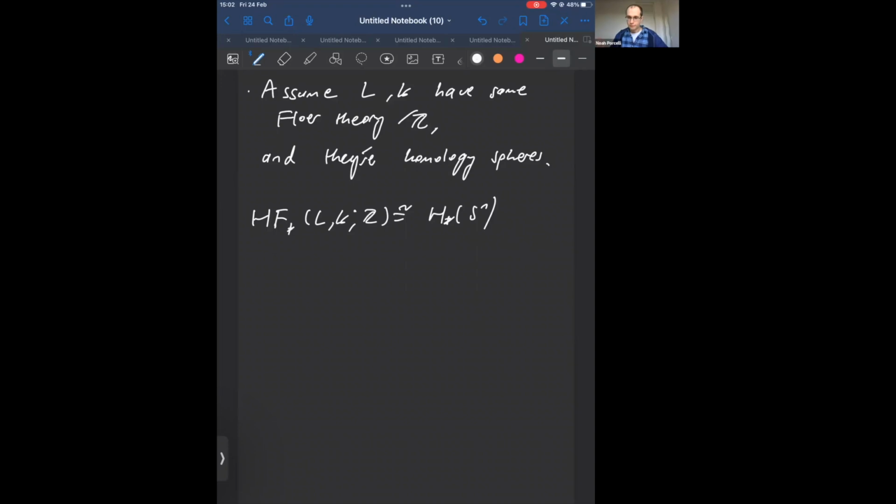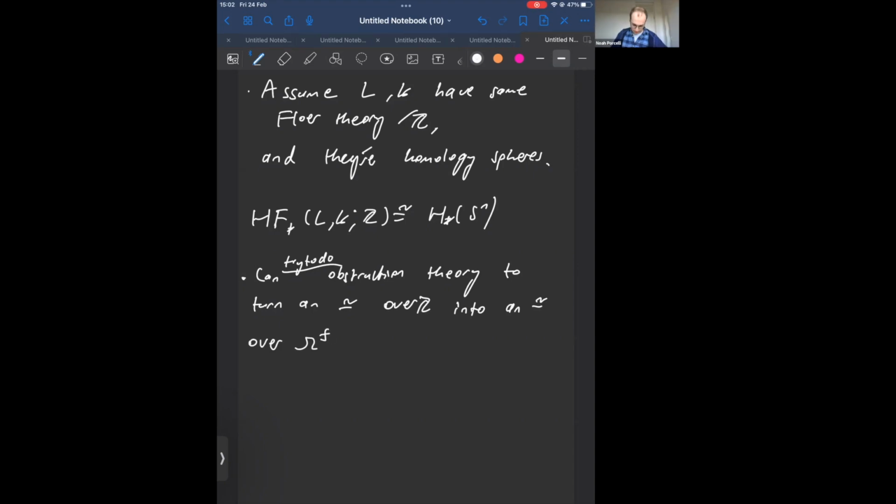So you can do some sort of basically direct obstruction theory to try to turn this equivalence over Z into an equivalence over frame bordism.